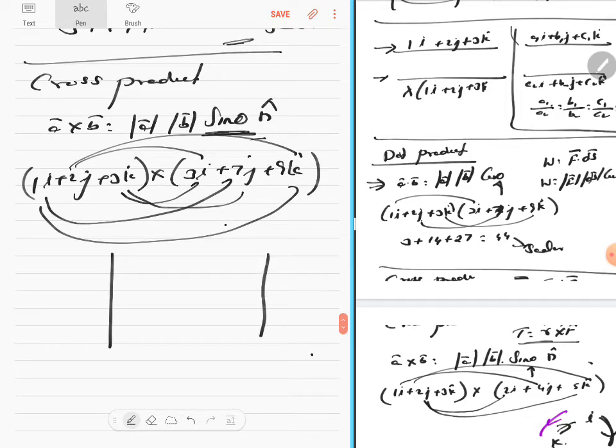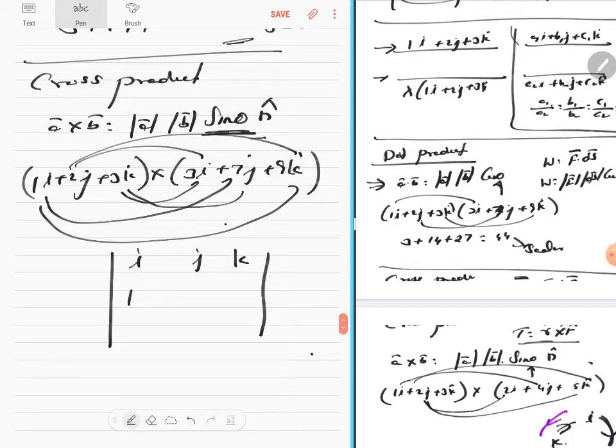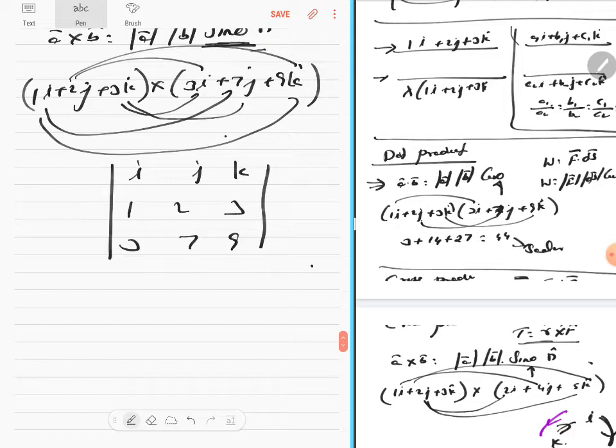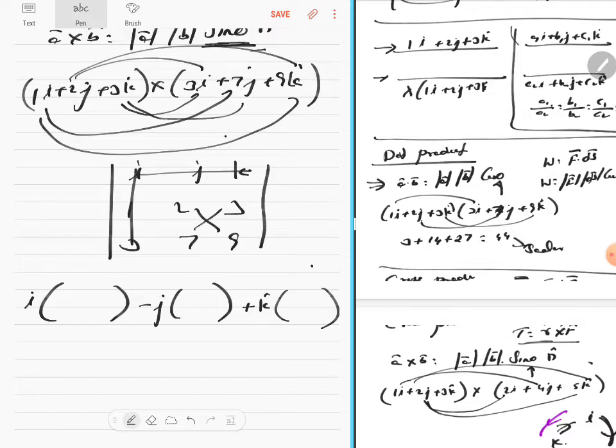The cross product goes like this: it's i, j and k, then 1, 2 and 3, then 3, 7 and 9, written as a determinant. You put i into, minus j into, plus k into. For i, ignore the row and column in which i is and do top to bottom minus bottom to top, which is 18 minus 21.